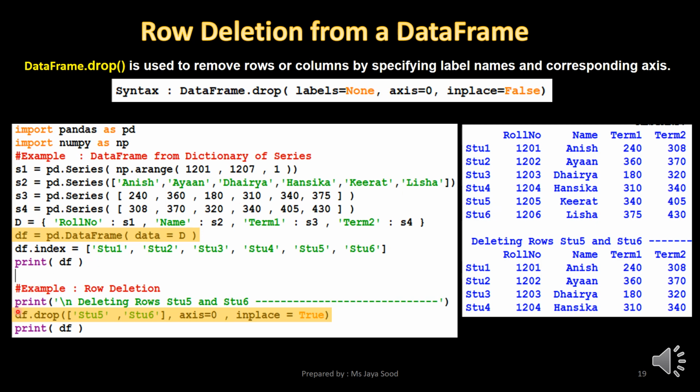In the call to the drop method, the first parameter is passed as a list of labels stu5 and stu6. The axis is 0 which signifies the rows. inplace is True. So you can see here in the output that the rows labeled stu5 and stu6 are removed from the data frame.